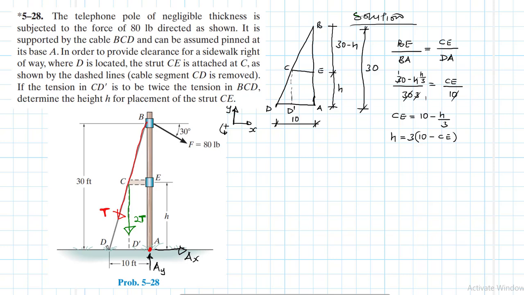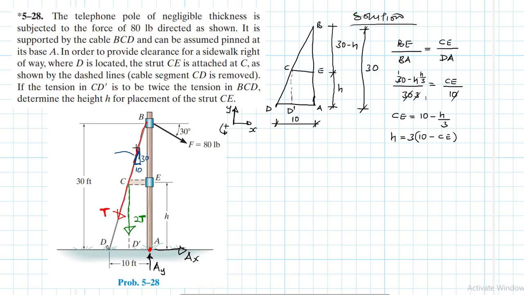The slope for this BD is, this one here is 10, this is 30, therefore the hypotenuse is going to be equal to the root of 10 squared plus 30 squared.